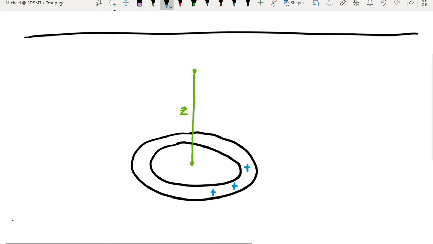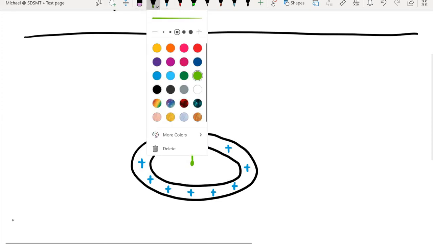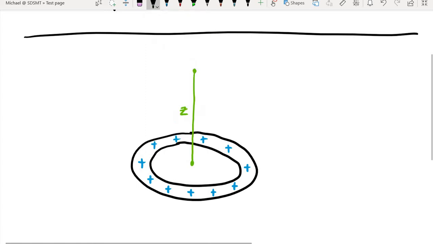The great thing about taking this line of charge and wrapping it around in a circle and then measuring everything from the center point of that ring is that every point on this circle is going to be the same distance from the point in space where we're trying to measure our electric field.